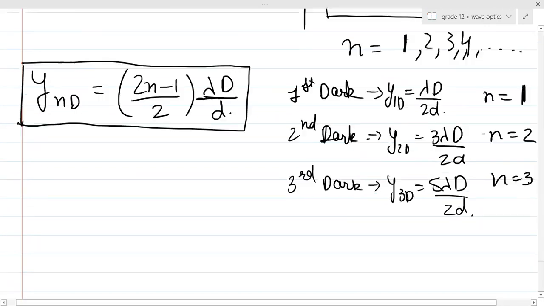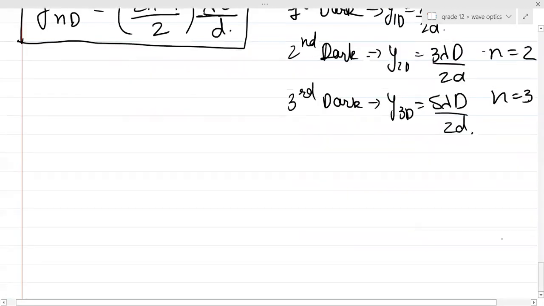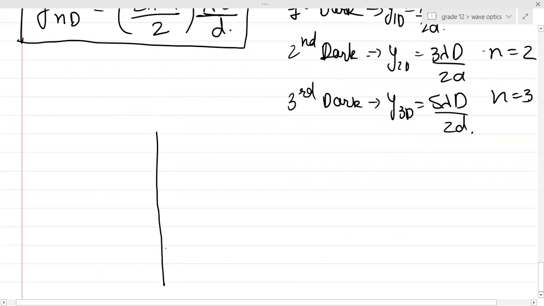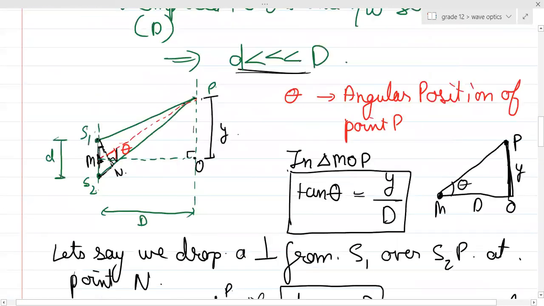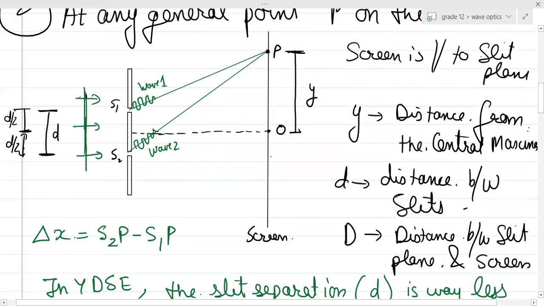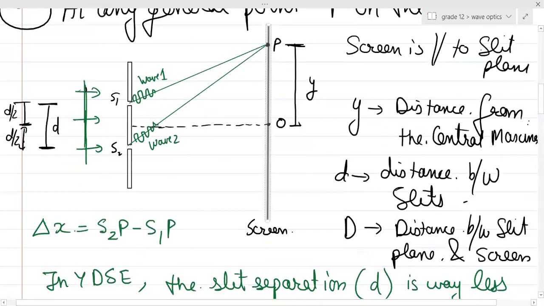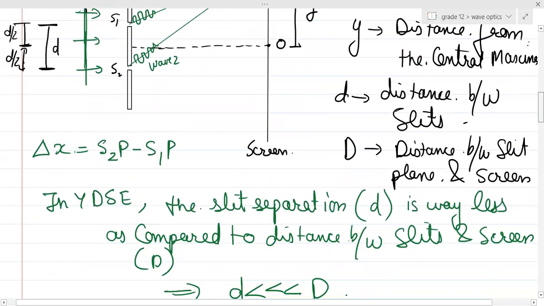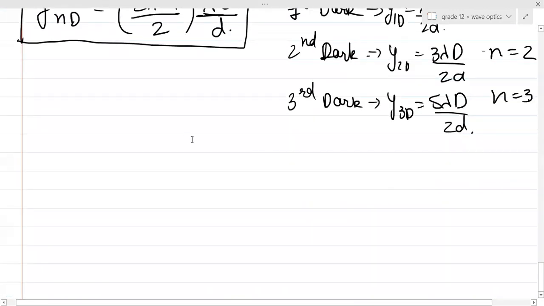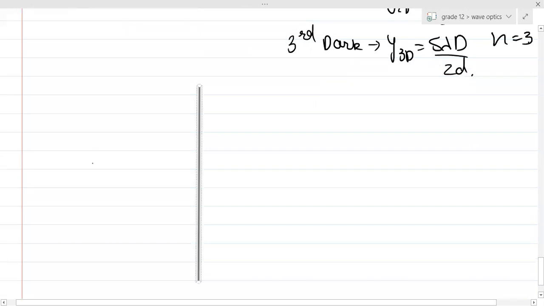One important point to notice in this particular case is, suppose this is your screen, let's say this is the point M, and this point is S1 and this point is S2.